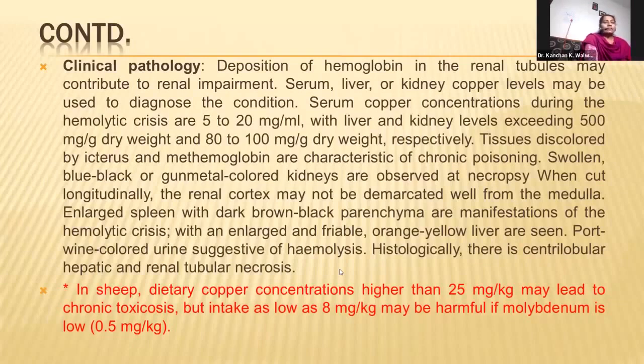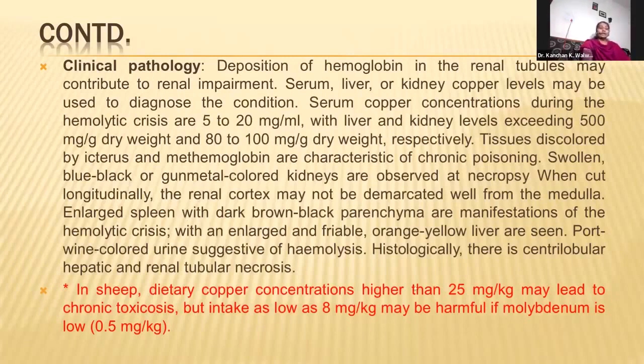Again, there will be a swollen blue, black, or gunmetal colored, bluish brown kidney that can be seen. And when you cut open the kidney longitudinally, the renal cortex may be very well demarcated from the medulla, because copper is deposited in the tubules. So the glomerular portion will be spared, and there will be clear discrimination between the colors of the medulla and the cortex.